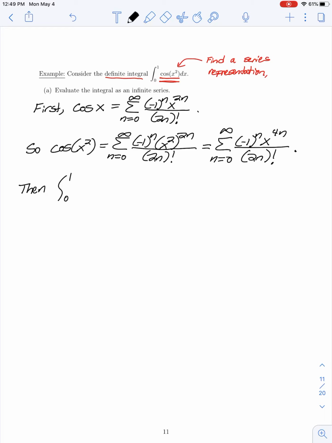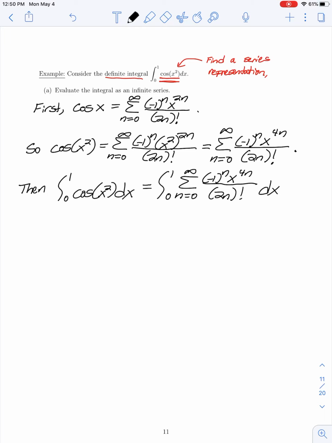Here, the integral from 0 to 1 of cosine of x squared with respect to x would be found as the integral from 0 to 1 of its Maclaurin series, which was the sum from 0 to infinity of negative 1 to the n, x to the 4n over 2n factorial with respect to x.